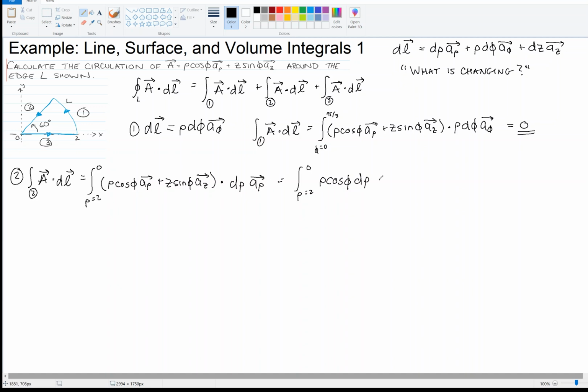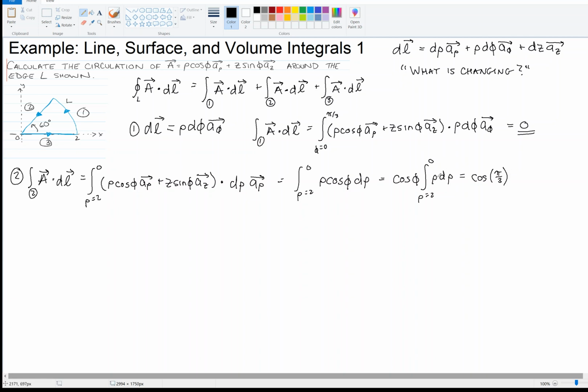So now I've got this integral to solve. Cosine of phi, as far as rho is concerned, is a constant, so I can bring that out of the integral. So I've got rho d rho, and this is cosine of phi. What is phi? Phi is pi over 3, we've already said.